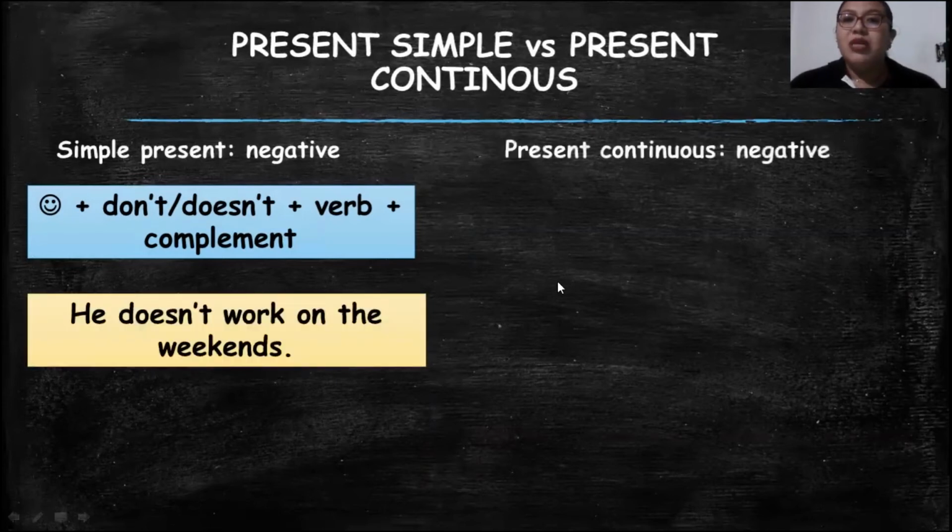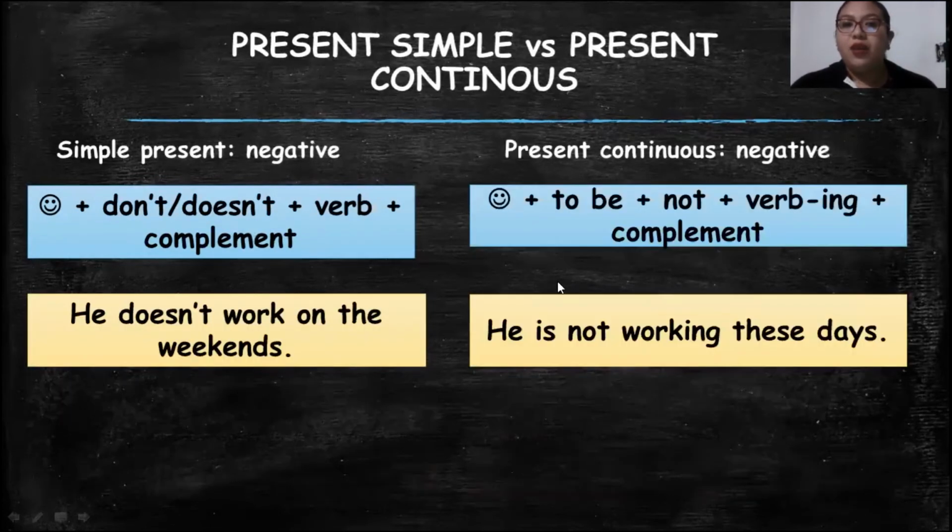Here we are using negative. In simple present, we have the subject, we have don't or doesn't, as I told you before. We have the verb and the complement. In this case, he doesn't work on the weekend, okay? And let's remember that when we are using negative, my verb is going to be in base form. We don't need to add s, okay?